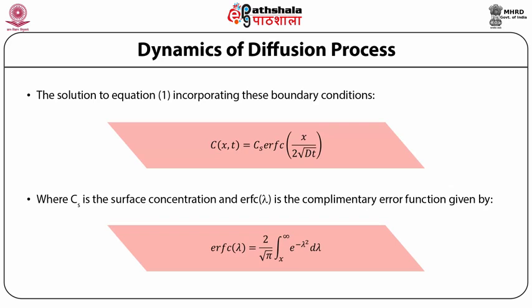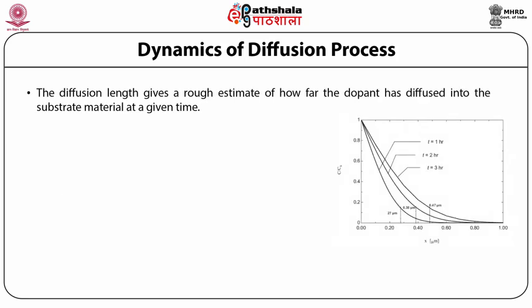The variation of C by Cs with x is shown in this figure for various values of t, and the diffusion length gives a rough estimate of how far the dopant has diffused into the substrate material at a given time.